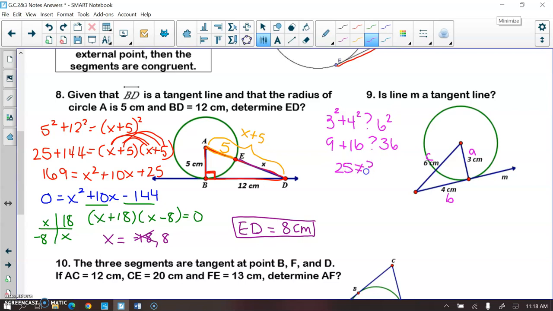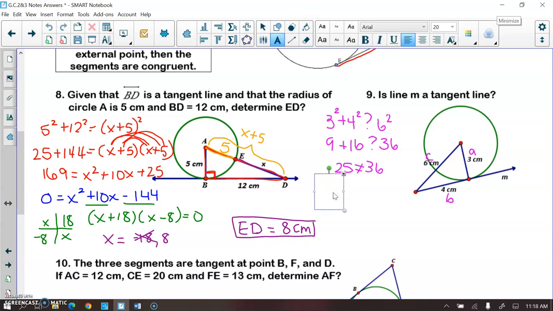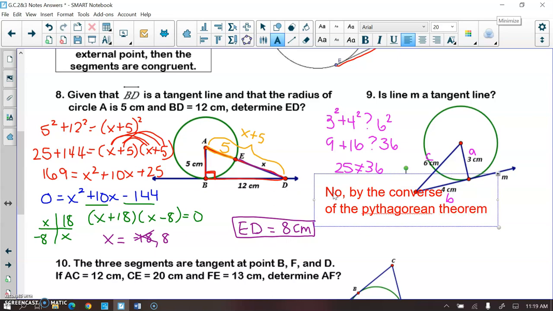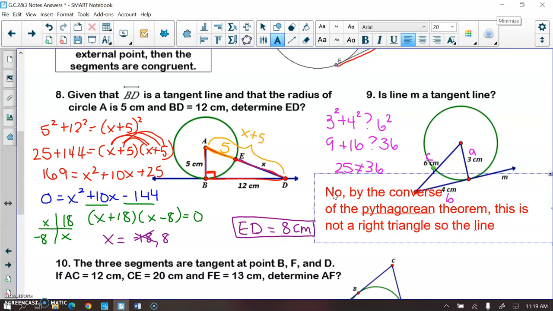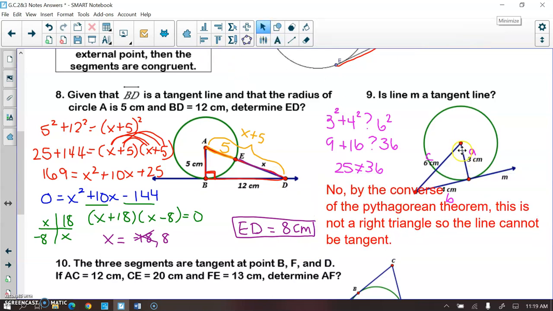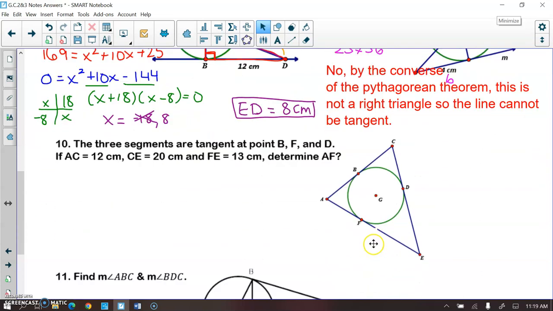So it does not equal 36. So no, by the converse of the Pythagorean theorem, this is not a right triangle, so the line cannot be tangent. Because remember, in order for a line to be tangent, it would create a right angle with the radius.